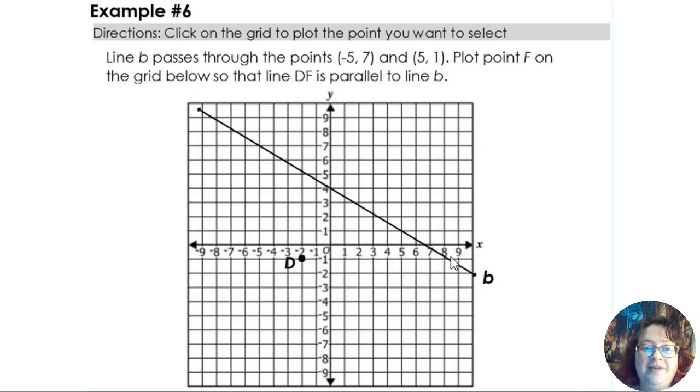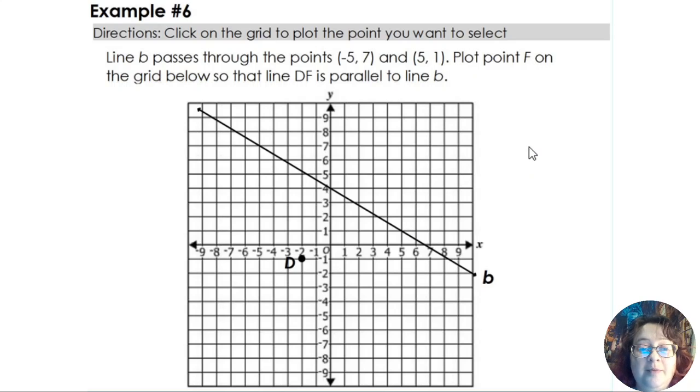All right, we've got 2 more to go over. Example number 6 here is asking us to plot another point so that the line is parallel to line B. It does give us our 2 points on B, so I don't have to use the graph to find my slope.